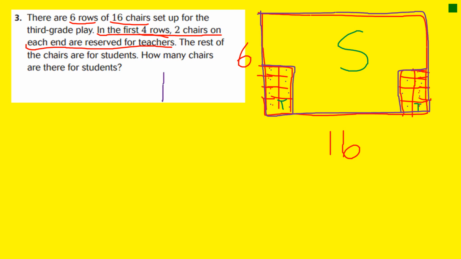So 16 chairs, 6 rows. Okay, 6 times 6 is 36. 6 times 1 is 6. 7, 8, 9. Okay, so there are a total of 96 chairs in this section.